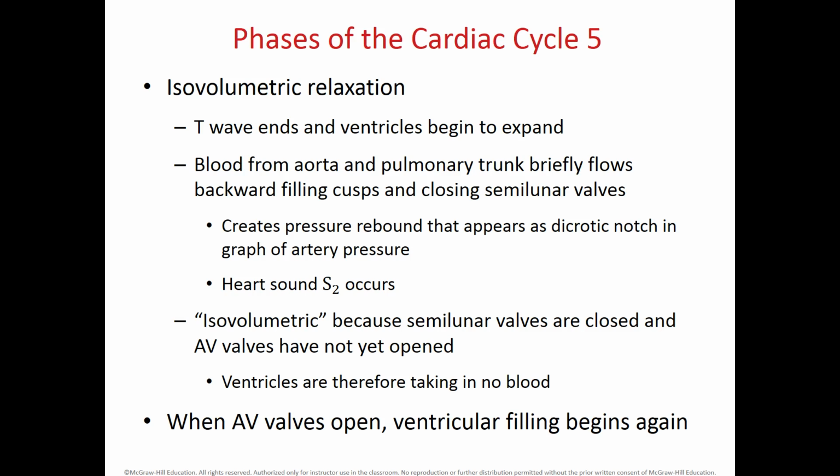The ventricles cannot take more blood because the AV valves are closed, and when the atria receive more blood from the superior vena cava, inferior vena cava, or the pulmonary veins, the pressure in the atria increases, then the AV valves will open, and you start the cycle again.